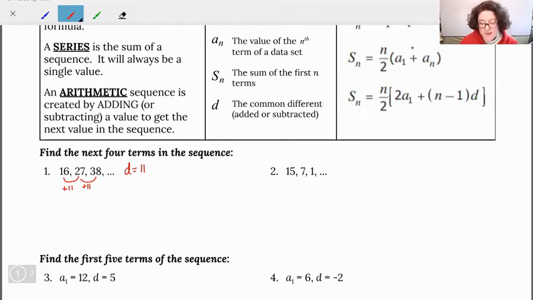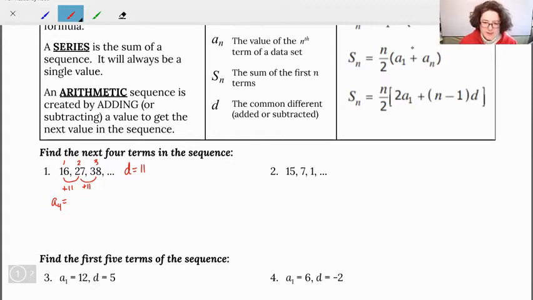And so I could do this kind of the hard way, so to speak. Let's see, we have our first term, our second term, our third term. So we need to find fourth, fifth, sixth, and seventh for our next terms. So I'm going to find a sub 4. And let's go ahead and plug that into the formula. So the formula said a sub 1 plus n minus 1 times d.